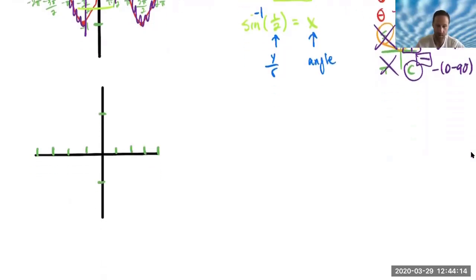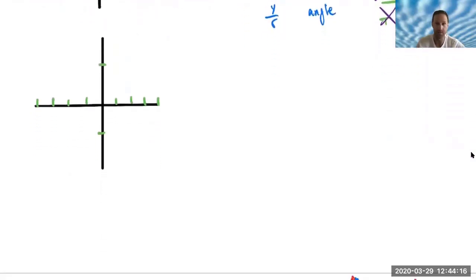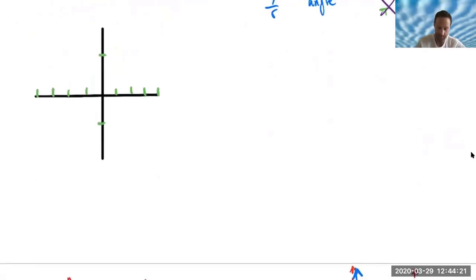And what would be really nice is if we did that same thing for cosine and it worked just like sine did. But remember, this one is graphed a little bit differently. And doing the same thing here for our quarters.